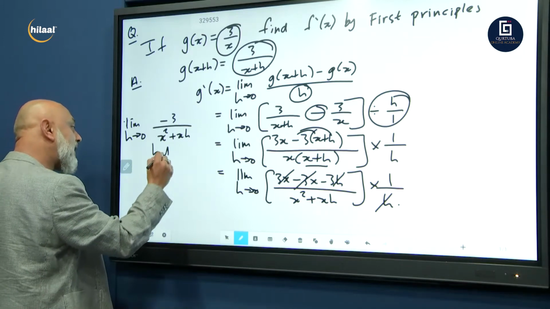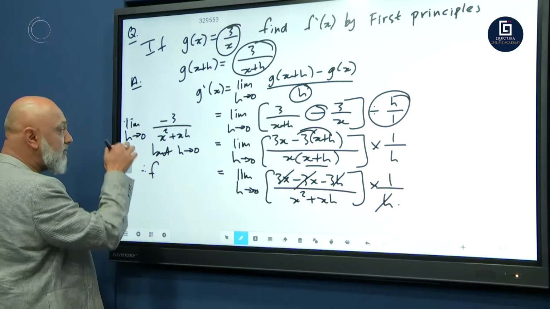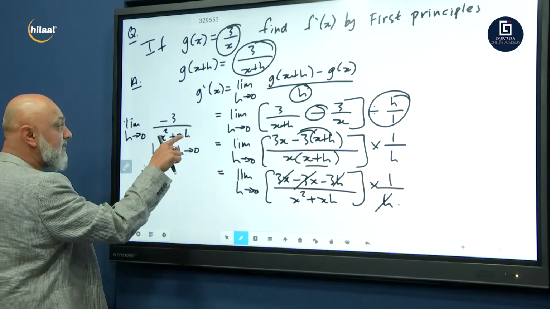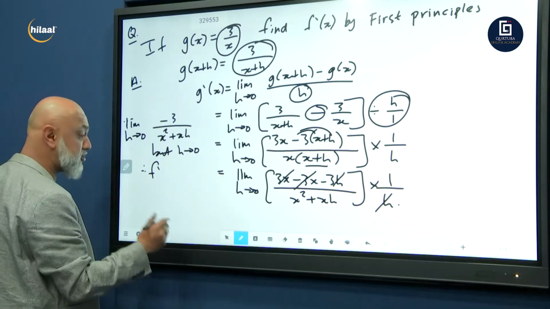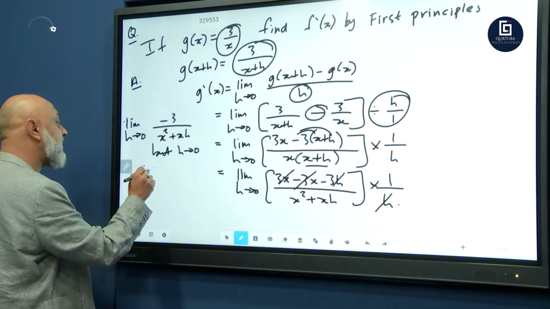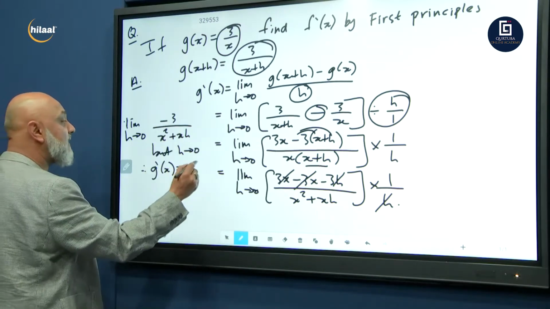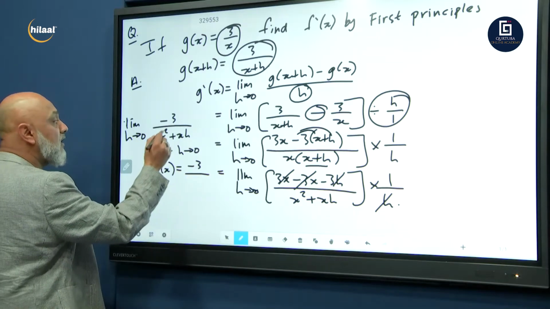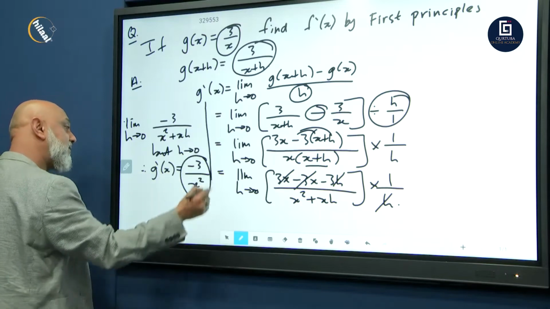Now h approaches 0, therefore you drop the limit because you're inserting the limit here. 0 times x is 0. Therefore, it's not f dash x, it's g dash x. So let's go back. Therefore, g dash x is equal to minus 3 over, you're only left with x squared. And that's your final answer.